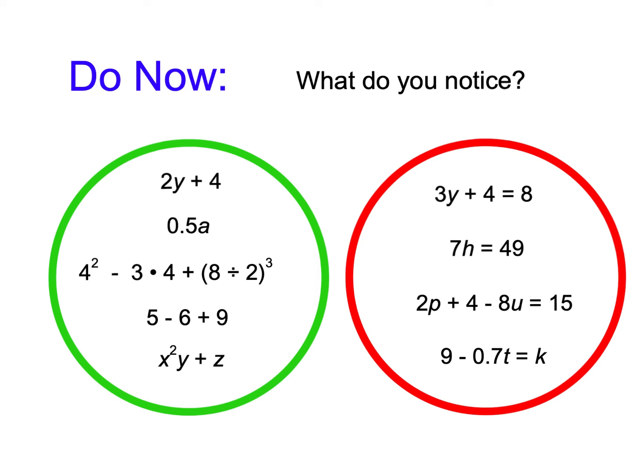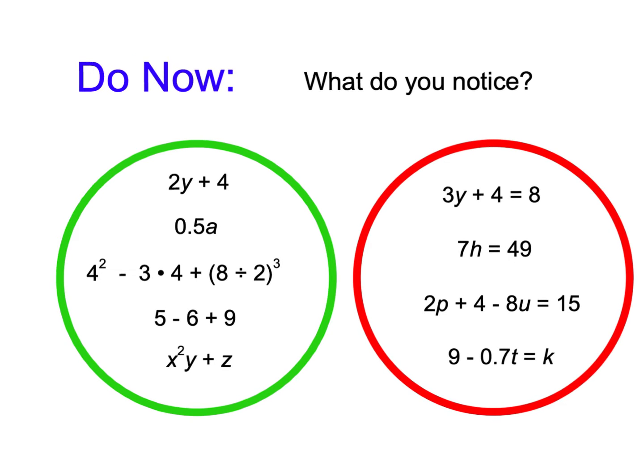We're going to talk about these two types of problems. I want you to take a moment and figure out what they have in common and what they have that are different. In common, we have variables and operations of all kinds, and we have numbers, obviously, in both circles.